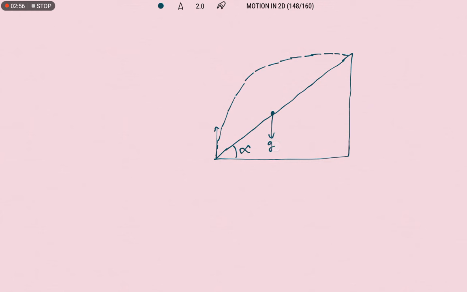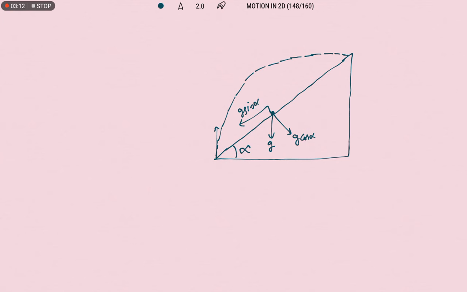The acceleration always acts downward, so I am resolving it into g cos alpha and g sin alpha.